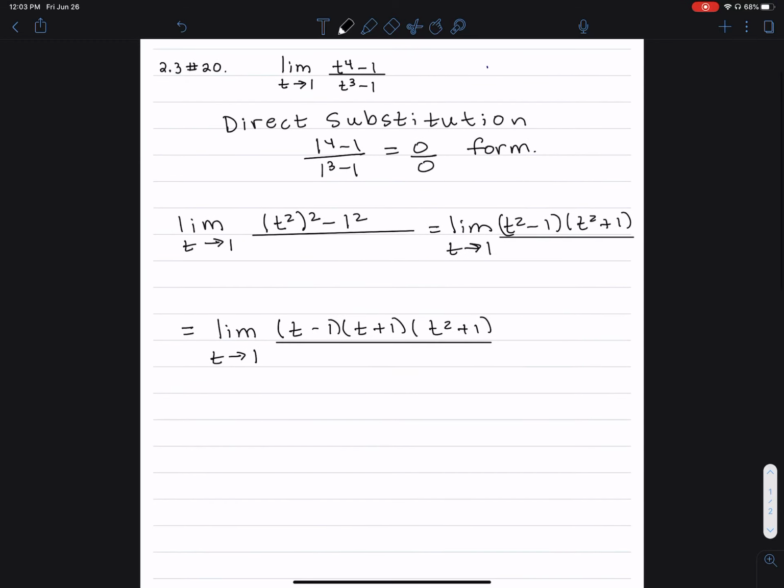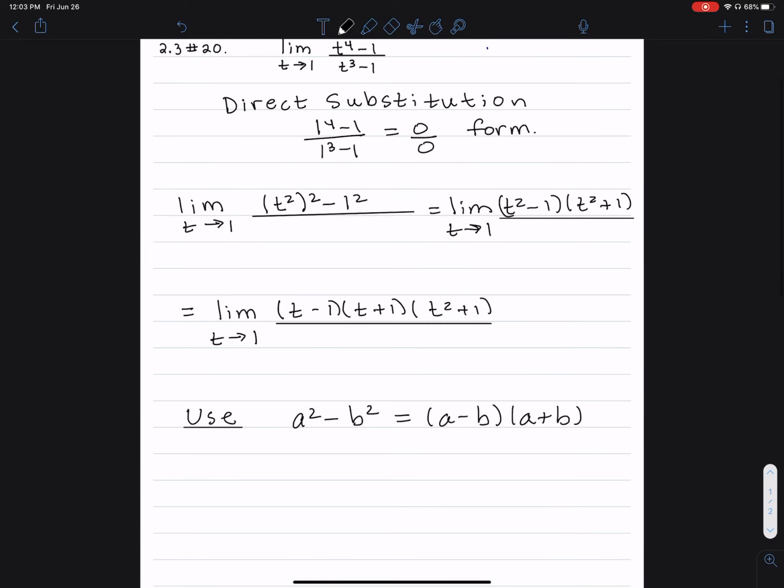Now for the denominator, I have something also that I have to work on. So what am I using here? I'm using a squared minus b squared is equal to a minus b times a plus b. But I'm also going to use that a to the third minus b to the third is equal to a minus b, a squared plus ab plus b squared.